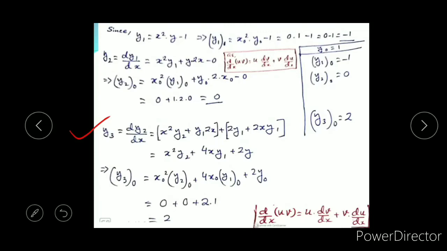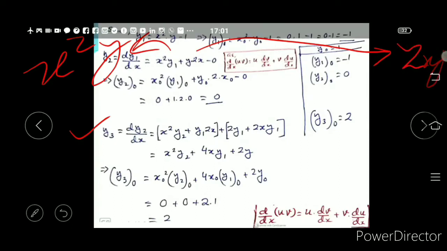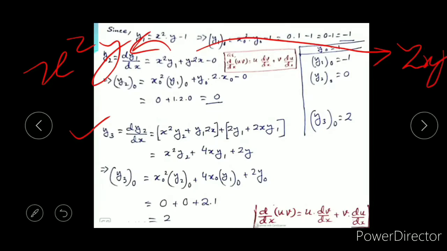In y2 we are getting x square y1 plus 2xy. So first we have to find the derivative of x square y1, then 2xy.